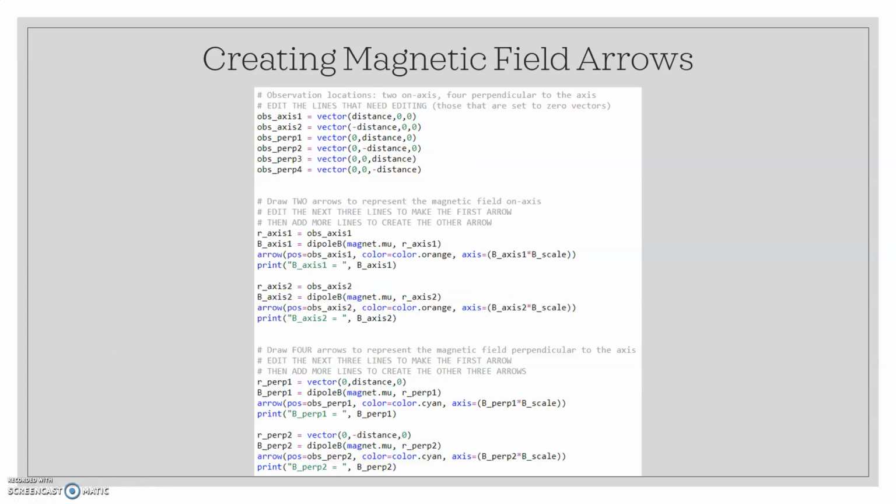And then here are my magnetic field arrows. Here we were just using this data up here to create arrows representing magnetic field at different orientations and positions. The scale I used here was 10,000, and that worked pretty well for me.